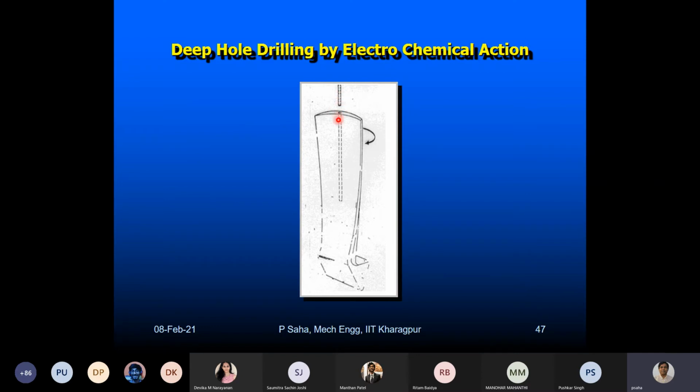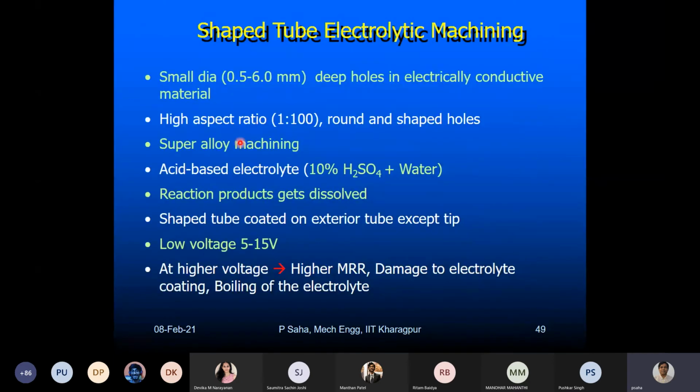So we have to ensure the reaction products do not get stuck and remain here. They should be soluble in the electrolyte. By choosing a proper workpiece, tool combination and electrolyte, acid based electrolytes are best for this, because the reaction products are soluble and get dissolved. That's why we are using an aqueous solution of H2SO4.